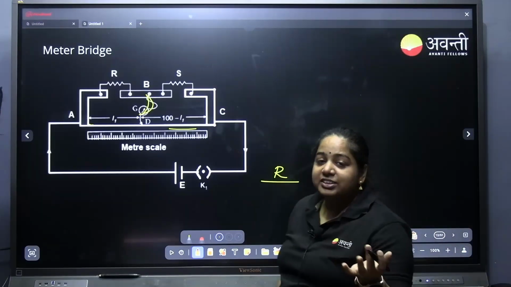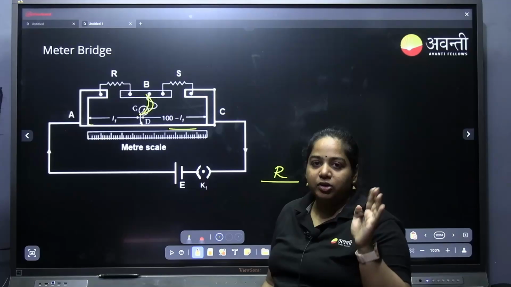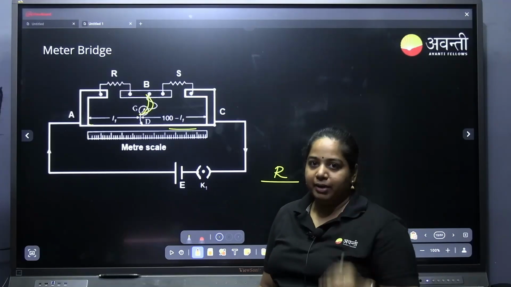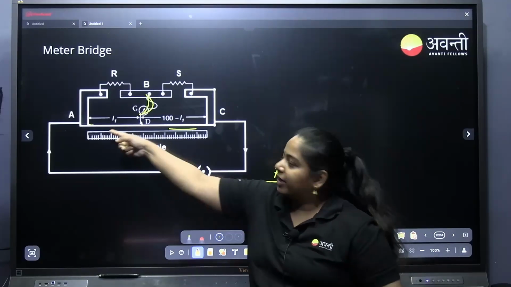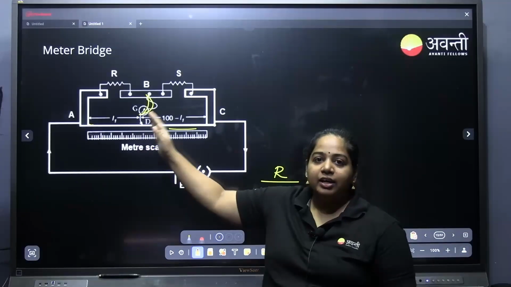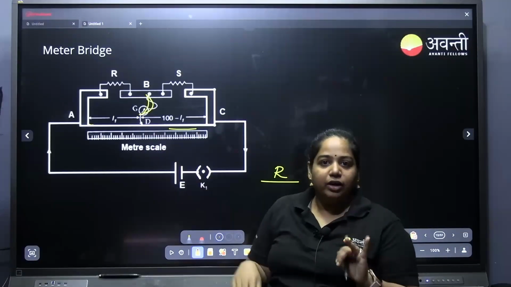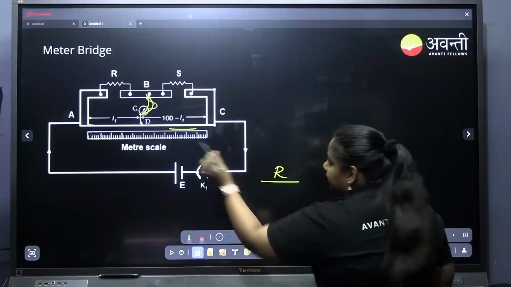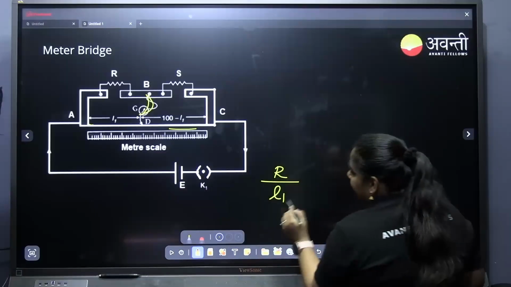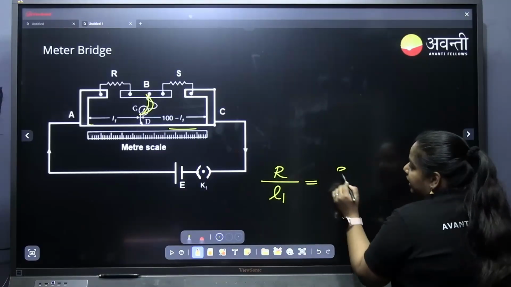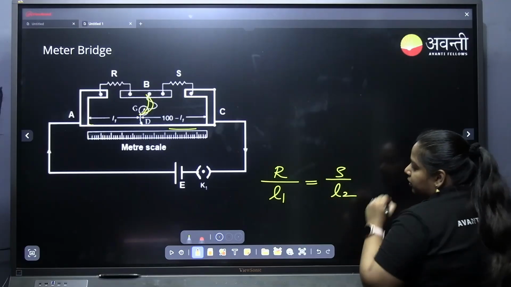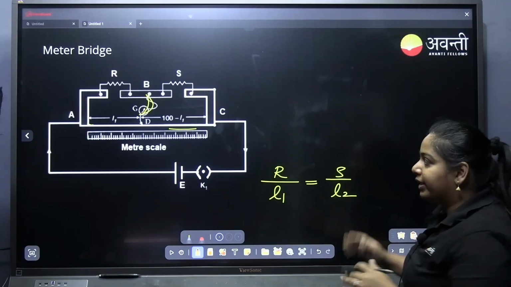But resistance is proportional to length, right? Because resistance equal to rho L by A. If you are taking this wire, both are having length only difference. A and rho is same. So we can say that here resistance is proportional to L1 and this side resistance is proportional to L2, whatever that length is.